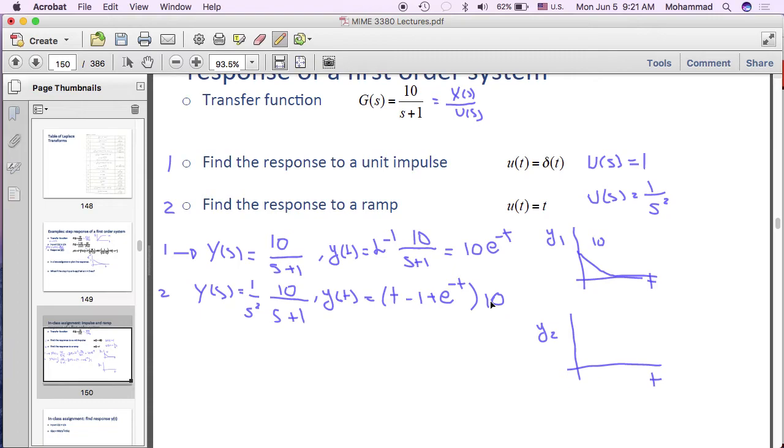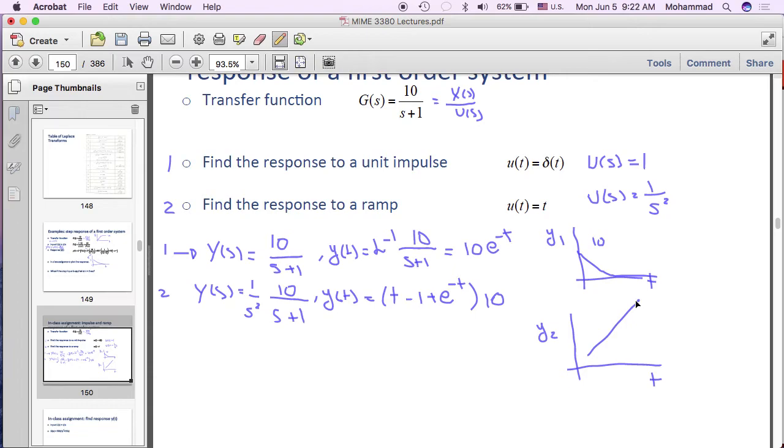We know e to negative t will go down, and it eventually becomes equal to 0. Do you agree? How about t? As time goes on, what will happen to t? It simply goes up.